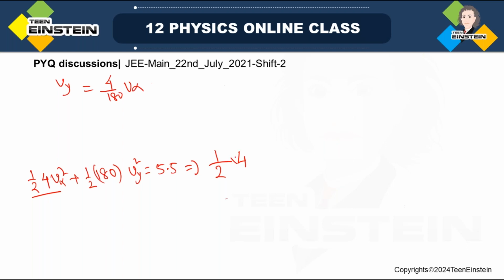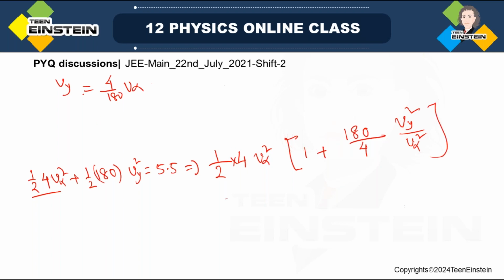So half 4 into v alpha square, plus 1, and this will be 180 by 4, so half has come here into vy square by v alpha square.